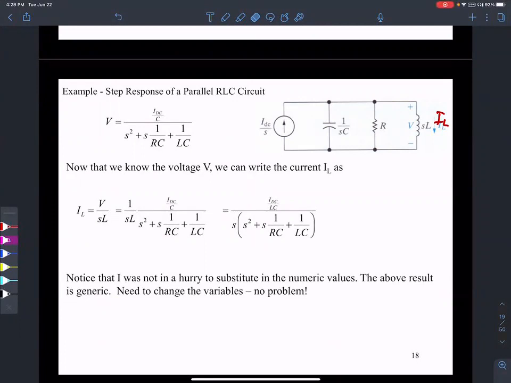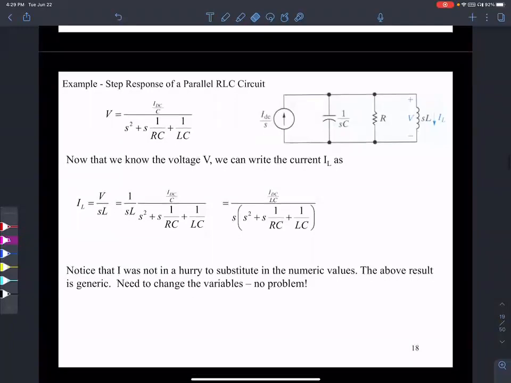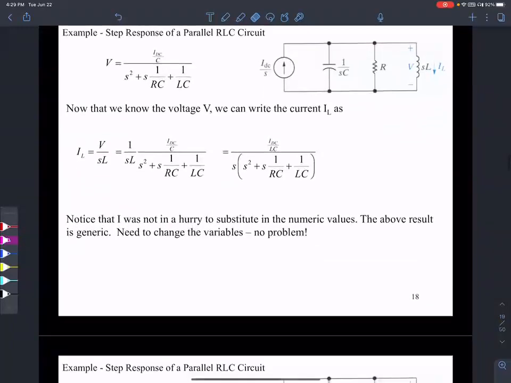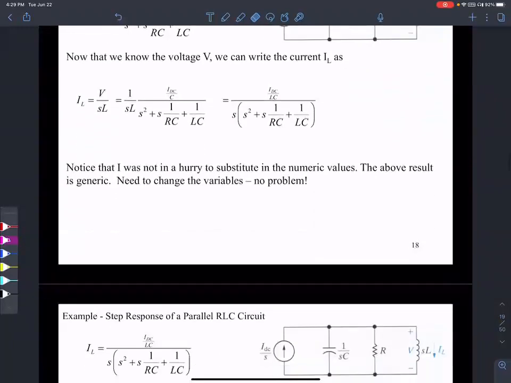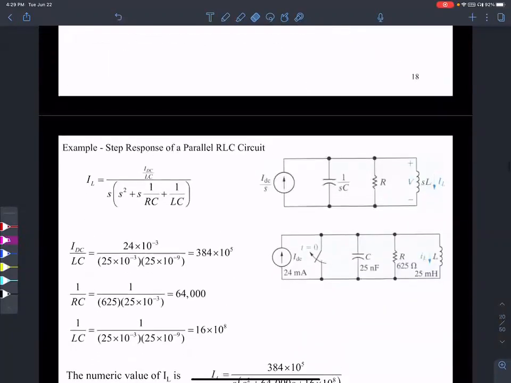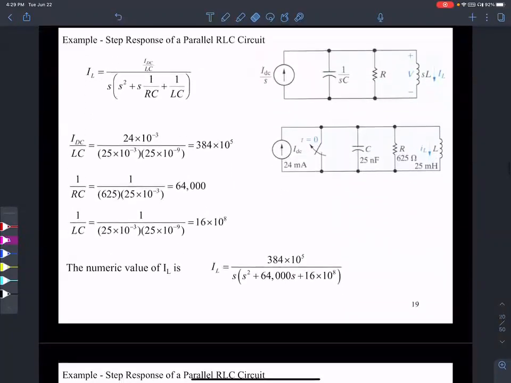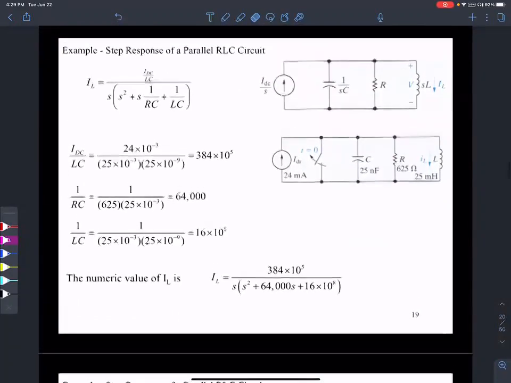Circuit analysis in the S domain is very, very simple. All I have done is to replace the capacitance with 1 over SC, replace the inductance with SL, provided that the initial conditions are 0. It's that much easier.